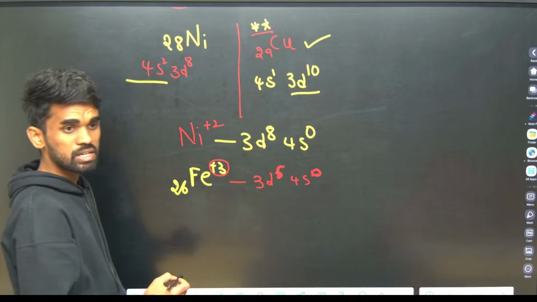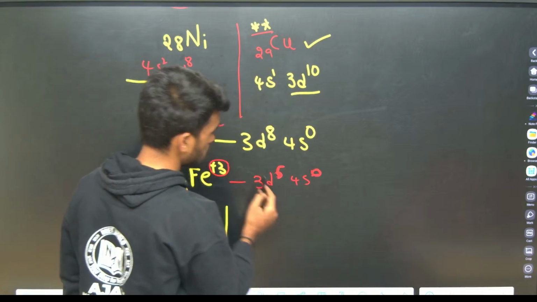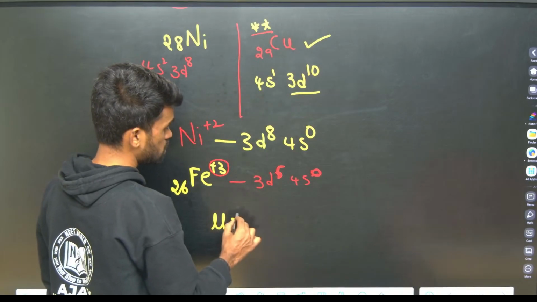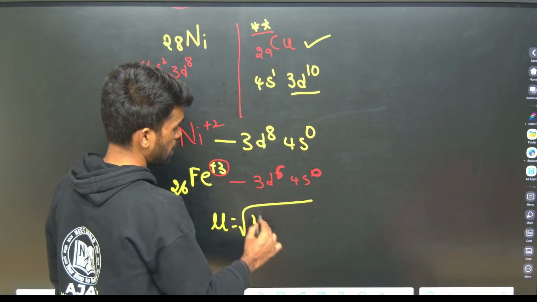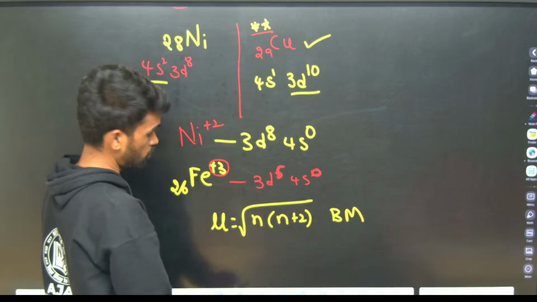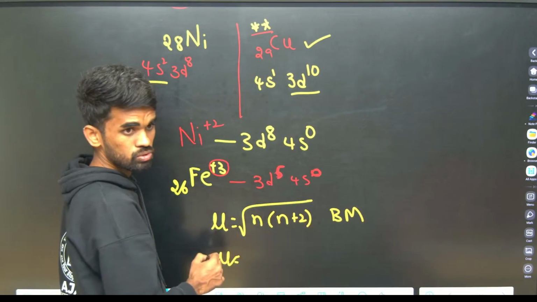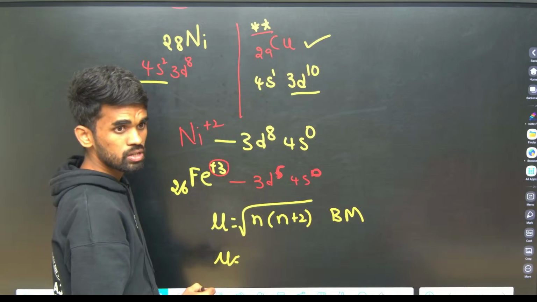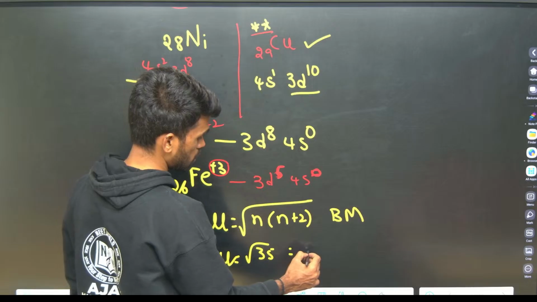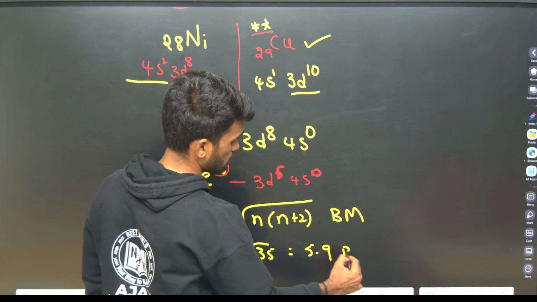So how many unpaired electrons are there? 5. You can represent that in the 5 orbitals, 1 electron each. And magnetic moment value, if they ask, mu is equal to root of n into n plus 2 Bohr magnetons, I told you while studying spin magnetic moment. So 5 into 5 plus 2, 7 into 5, so root 35, which is nearly equal to 5.9 Bohr magnetons.